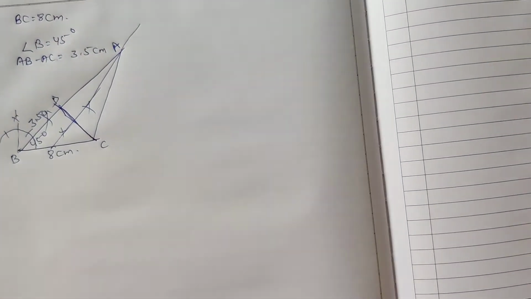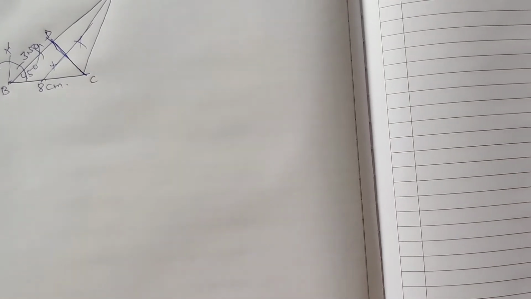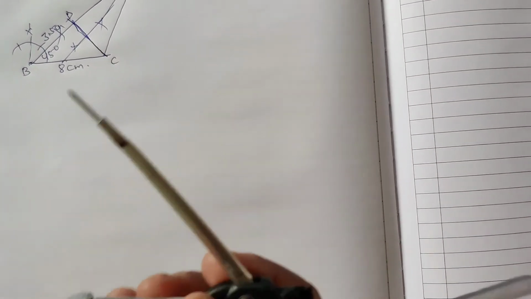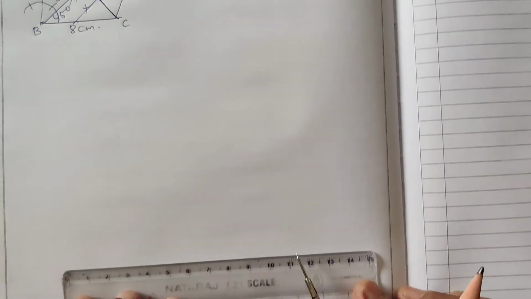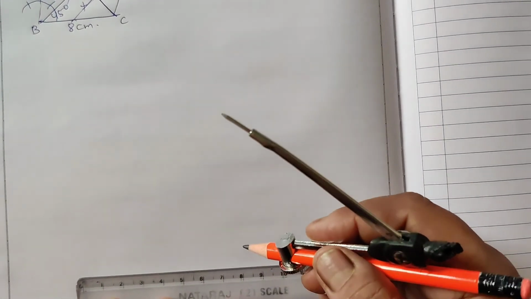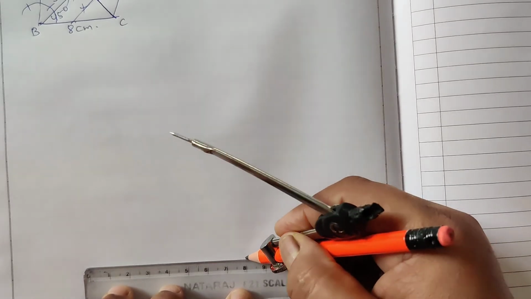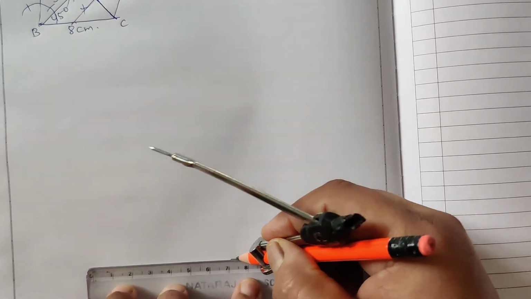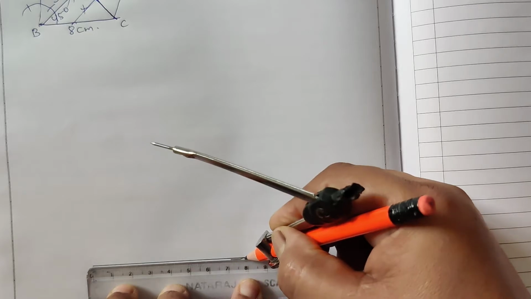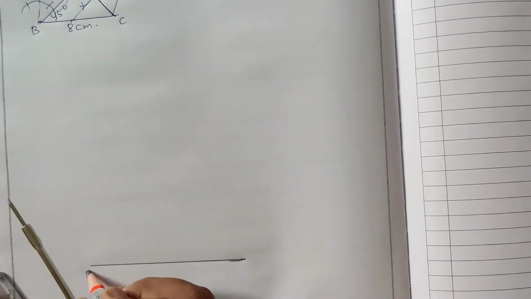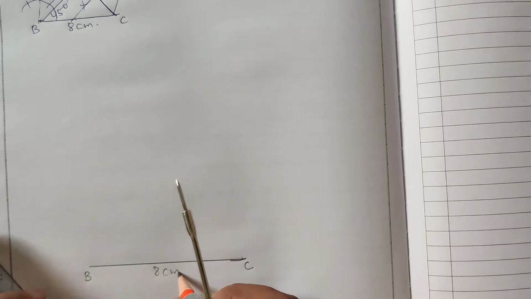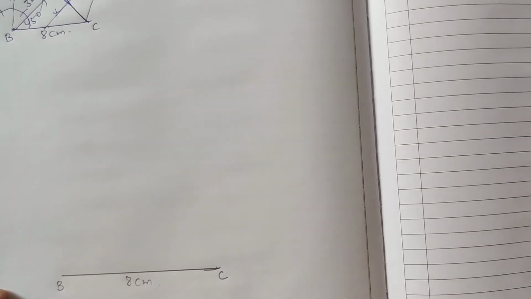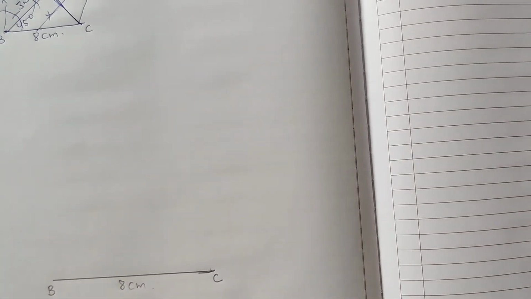Okay. Now construction. First we take the base BC equal to 8 centimeter. Now make an angle 45 degree.